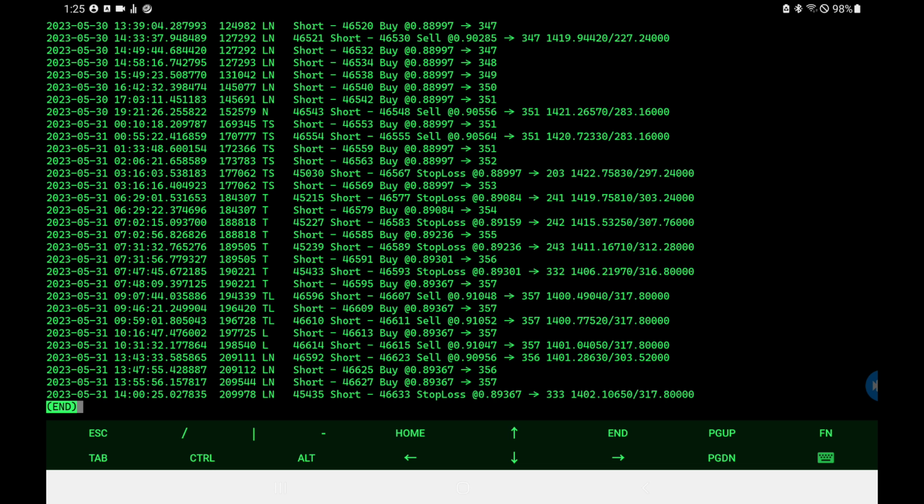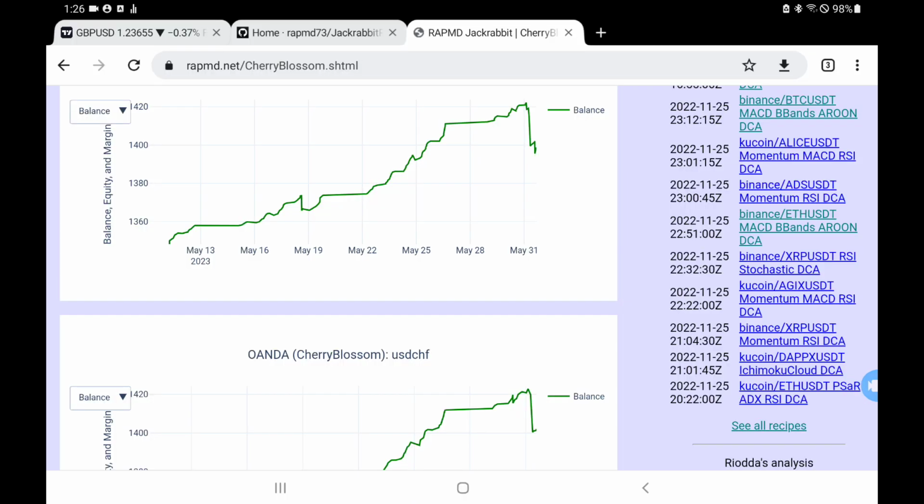So it's doing what I wanted it to do. It's working. So now let's get to the pretty little pictures where we can see just how well it is working.